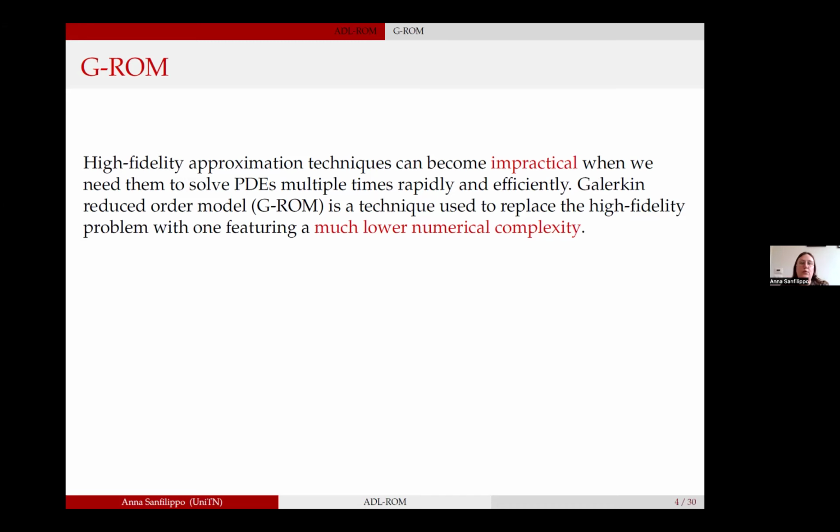The reason why we wanted to use G-ROM is that high fidelity approximation techniques, one of the most famous, at least the one I used more in my experience, is finite element. This type of technique can become quite impractical when we want to solve the PDEs, in this case Navier-Stokes, multiple times.